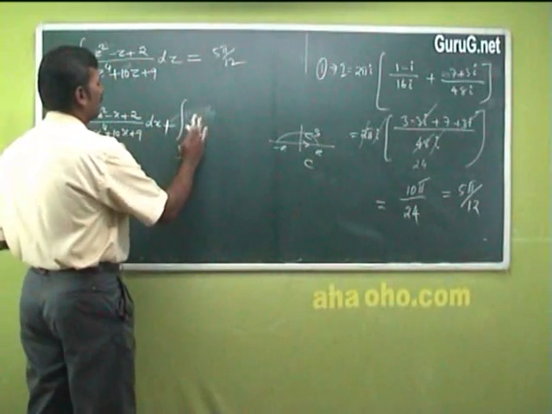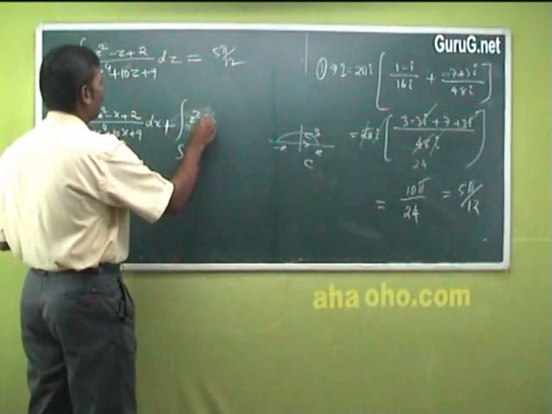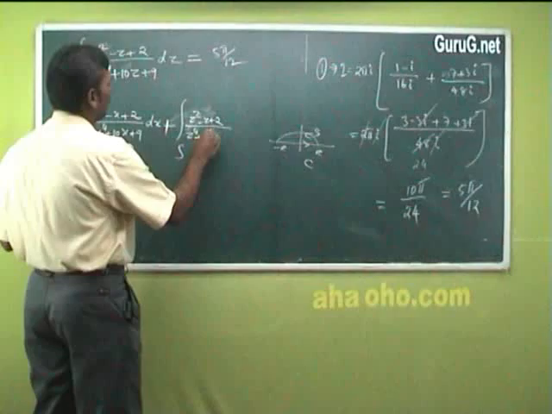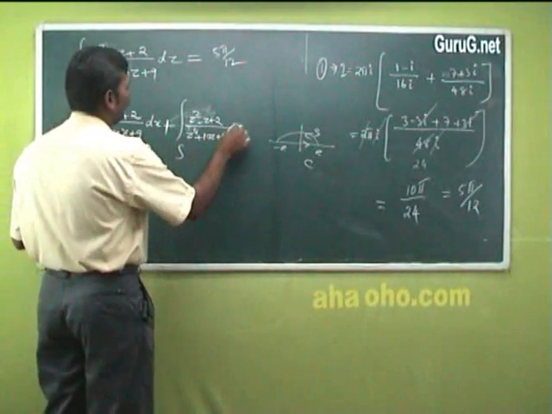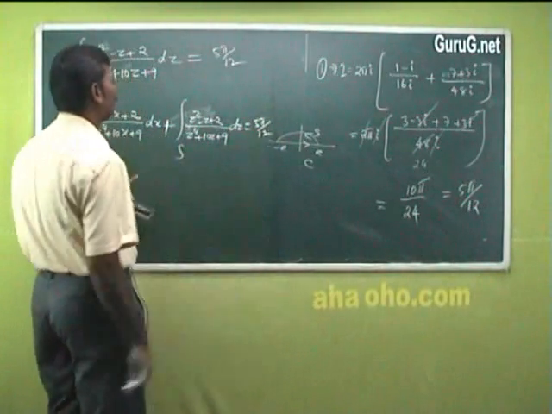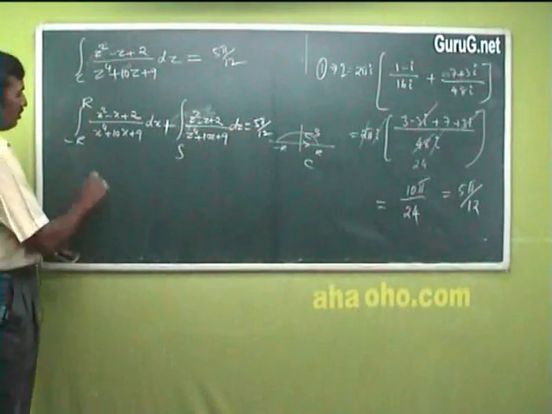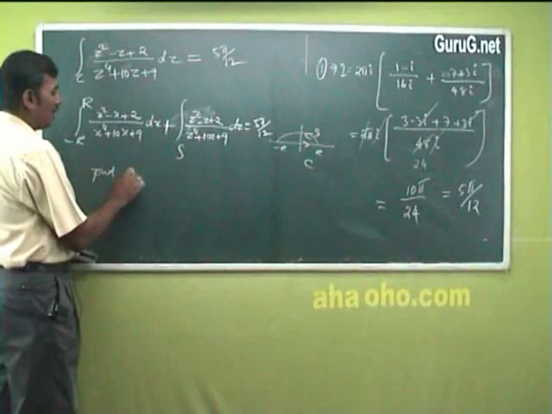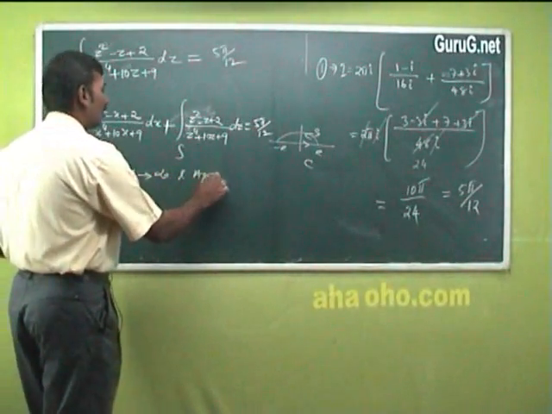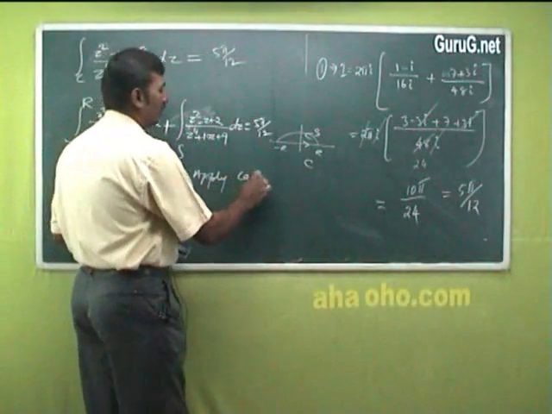f of z dz. So f of z is z squared minus z plus 2 by z power 4 plus 10z plus 9 into dz equal to 5 pi by 12. And now put R tends to infinity and apply Cauchy's lemma.